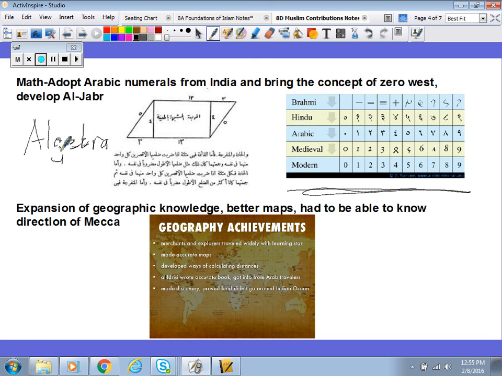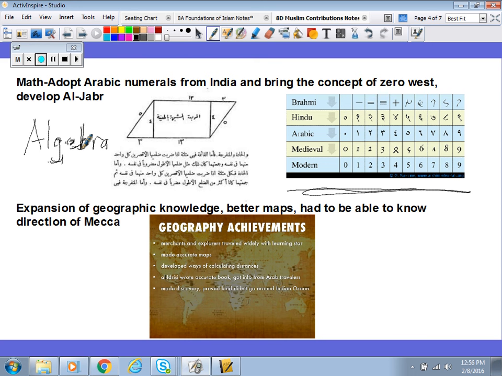All right. So most of what we know from algebra comes from the Muslims during their height under the Abbasid Caliphate. So algebra is developed. A lot of the ideas, the equations, the proofs, the things that you guys are doing in your math classes, or some of you who took it did last year, that is stuff that was developed by the Muslims.